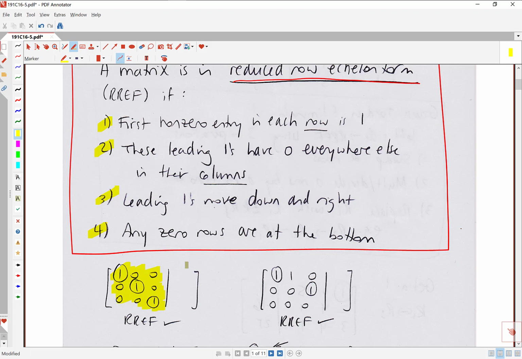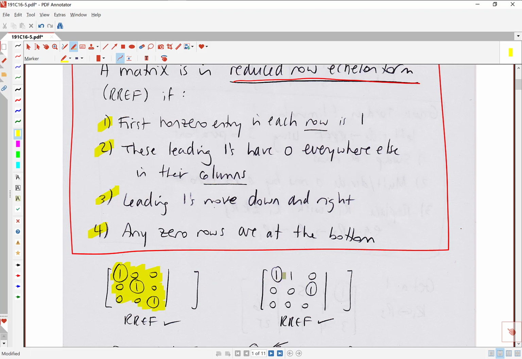It doesn't matter what numbers we have over on the right side. So just looking at the left side, yes, the first non-zero entry in each row is a 1. The ones do have zeros everywhere else in their columns. So we've done all the possible elimination that we could do. Those leading ones are moving down and right, and there aren't any 0 rows, so we won't worry about that.